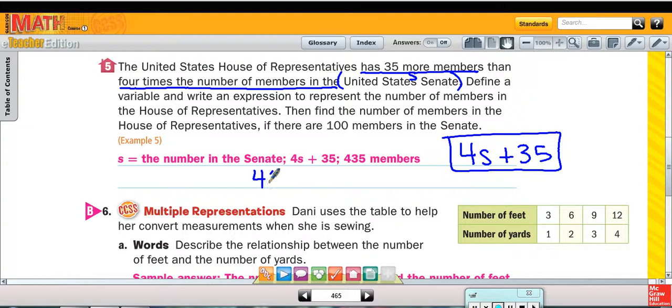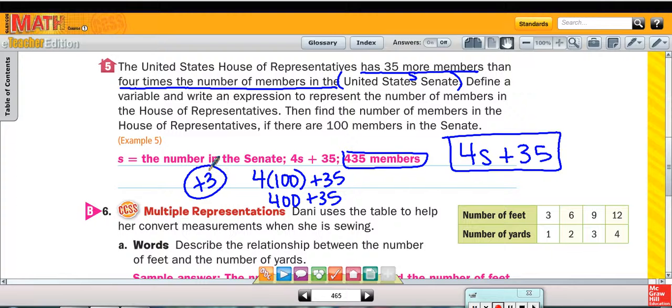So that means 4 times that 100, which would be 400, plus 35 additional, which would give you 435 members. So this question is worth 3 total points. A point for defining the variable, a point for your expression, and then a point for your answer of 435 members. If you're missing the label behind members, you could say people also, but if you're missing the label, go ahead and subtract a half a point.